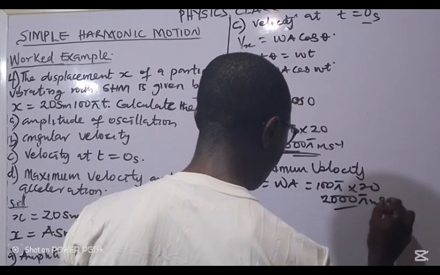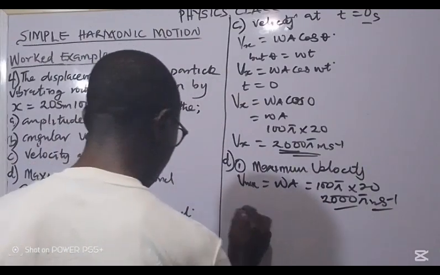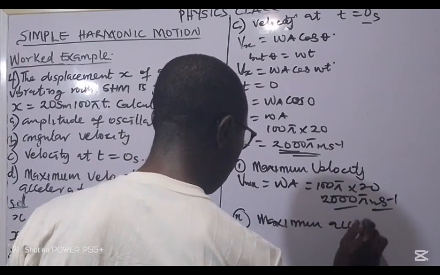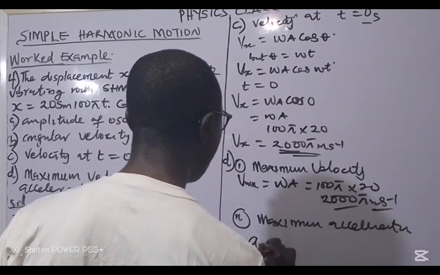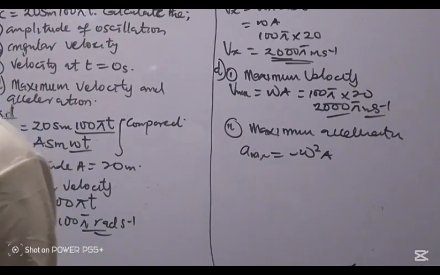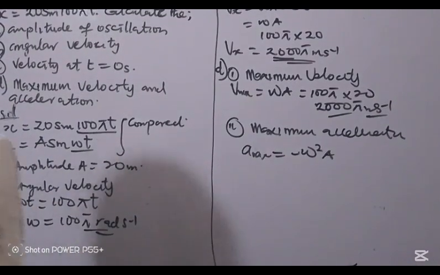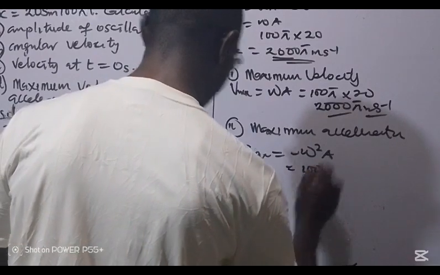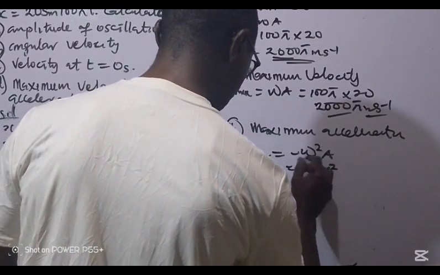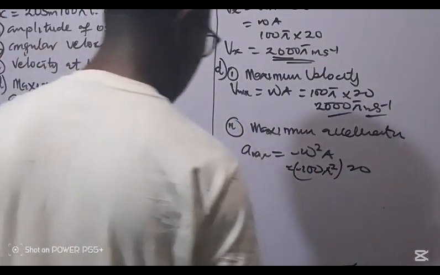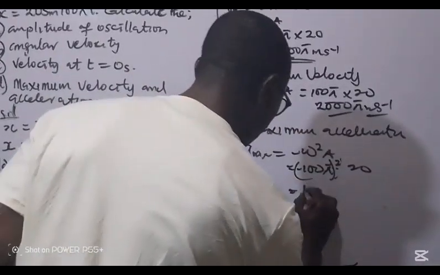Then part B, maximum acceleration. That is A maximum, that will be equal to minus omega square A. For us to have maximum acceleration, don't forget we said A must be equal to S. And since our omega is 100 pi, then multiplied by 20, this will now give us 10,000 pi square multiplied by 20.